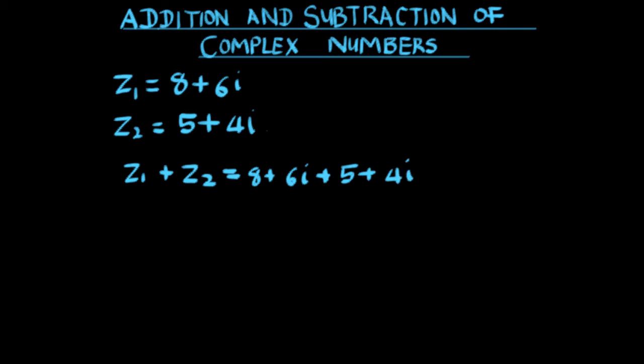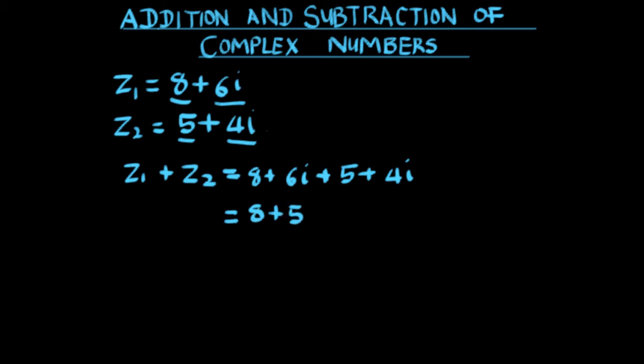So we simply collect like terms. We know that this part of the number is called the real part, and this part is called the imaginary part. The same thing applies here. So we are going to pair real numbers to real numbers, so 8 and 5 come together, 8 plus 5.